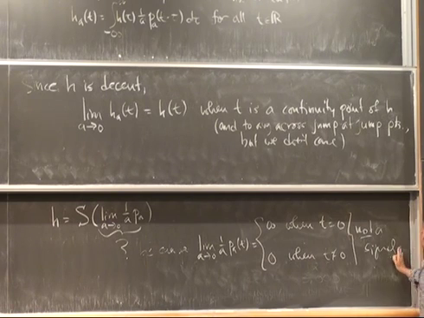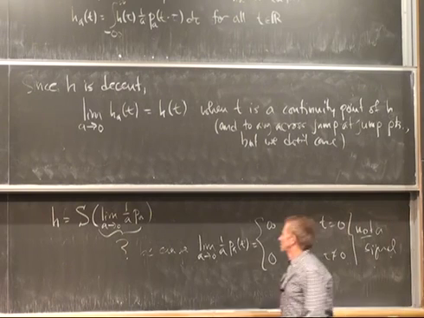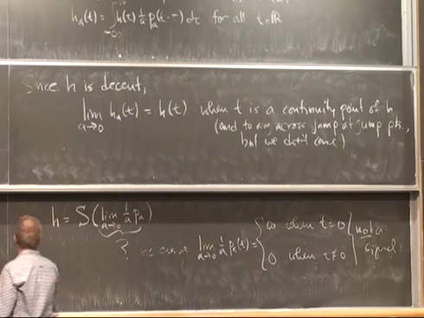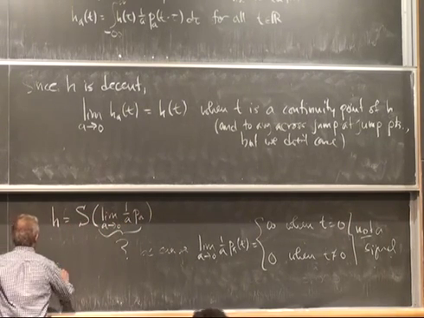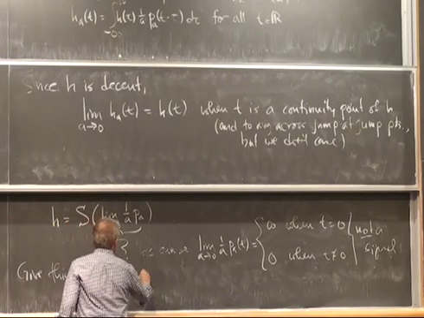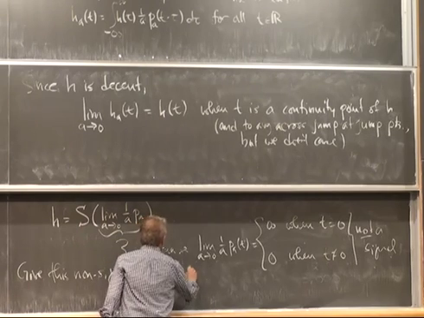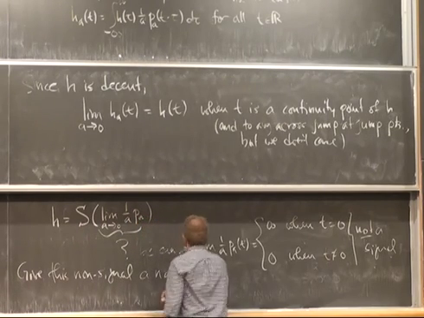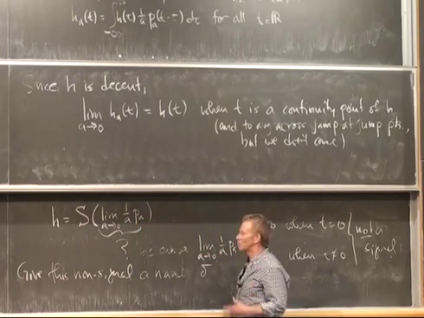So it's not a signal. But we sort of pretend it is, and we play around with it a lot. So we're going to give this non-signal a name, and that's delta, the continuous time unit impulse.